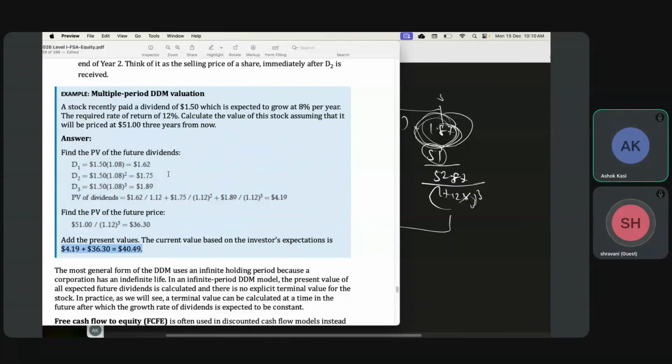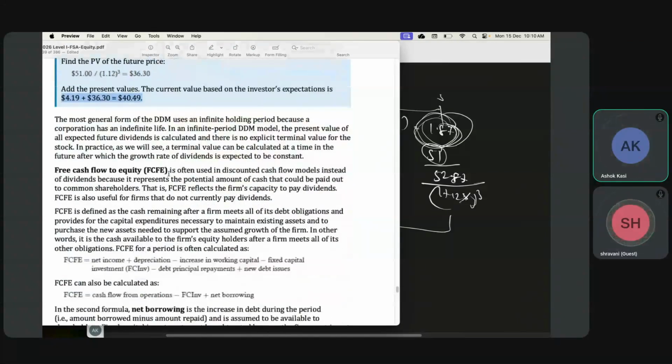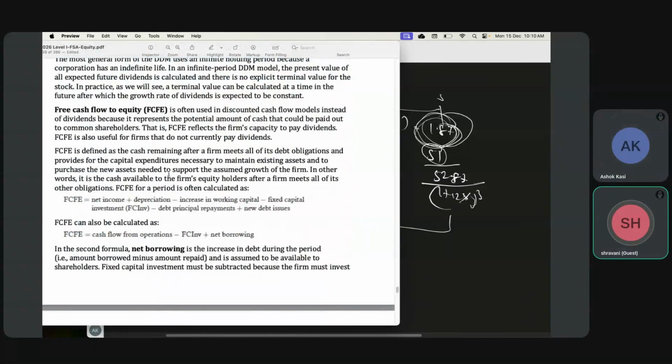Then we don't have any sums here. This sum will come in CFA, FSA only. Okay, free cash flow to equities. This one is a part of FSA.